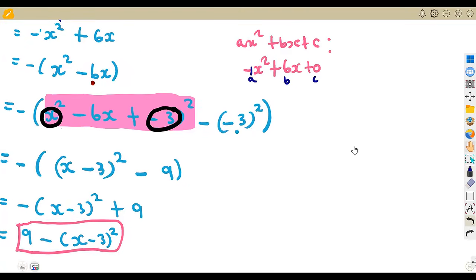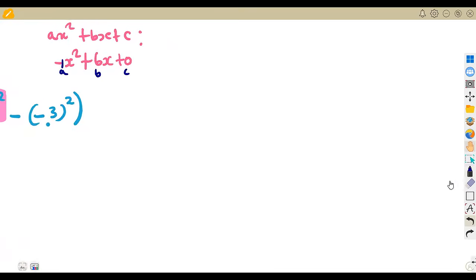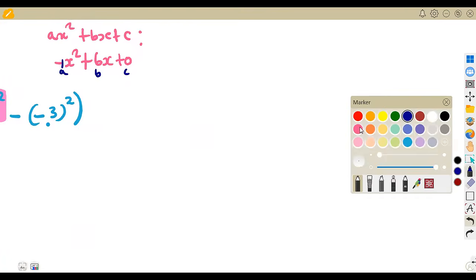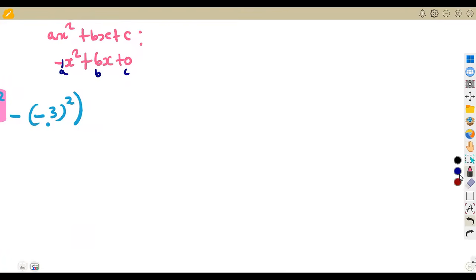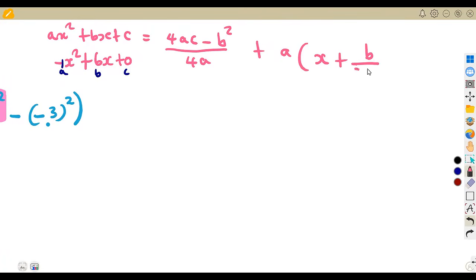So the formula states that if we have an expression in the form of ax squared plus bx plus c, we can complete the square if this is written as 4ac minus b squared, over 4a, plus a into the bracket of x plus b over 2a, everything squared. This is how you can complete the square.